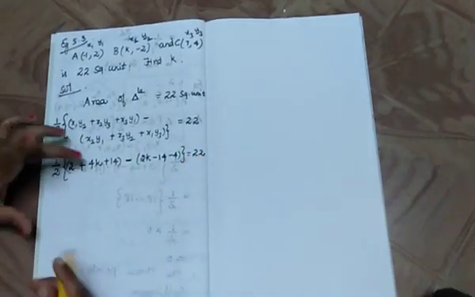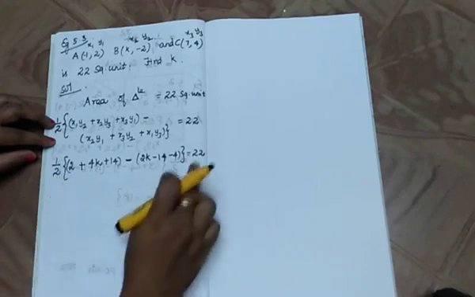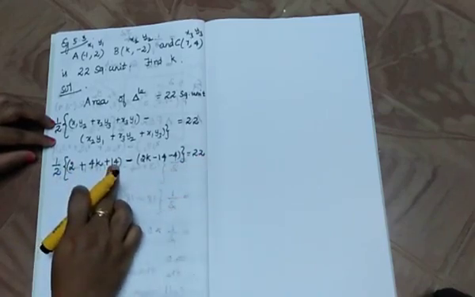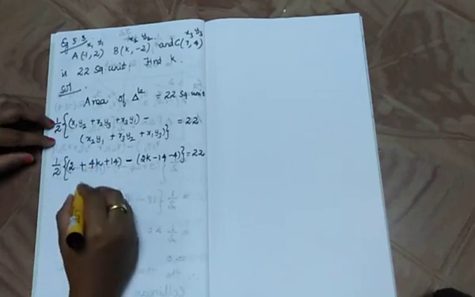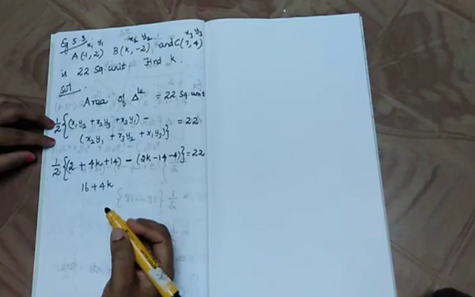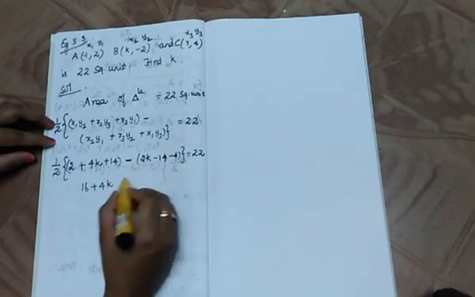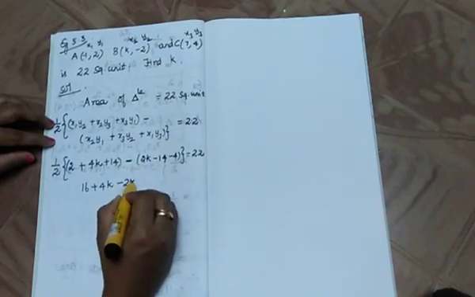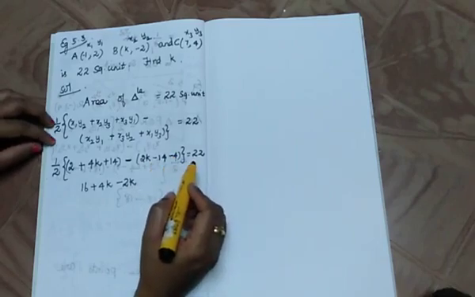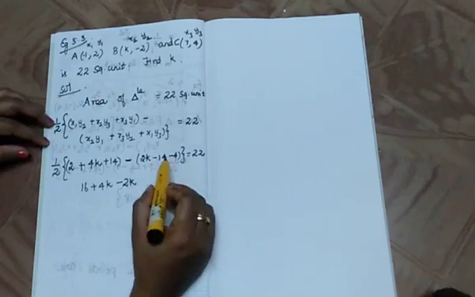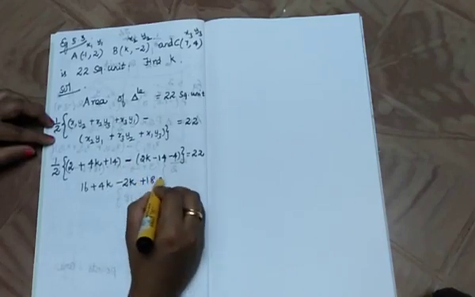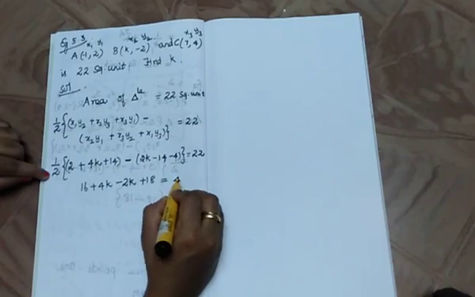We need the k value. Let the bracket term remain, take it there. So 2 plus 14, 16 plus 4k. Here minus 2k. Here minus 14 minus 4, minus 18. Minus 18 into minus, yeah, plus 18, is equal to 2 goes to that side.